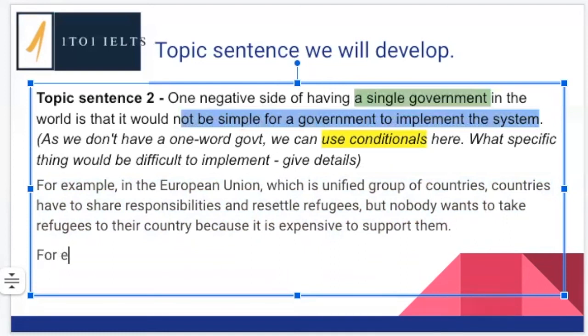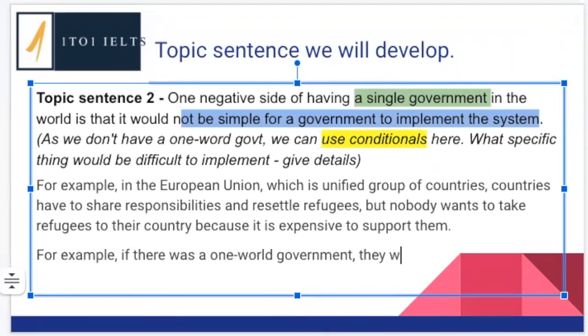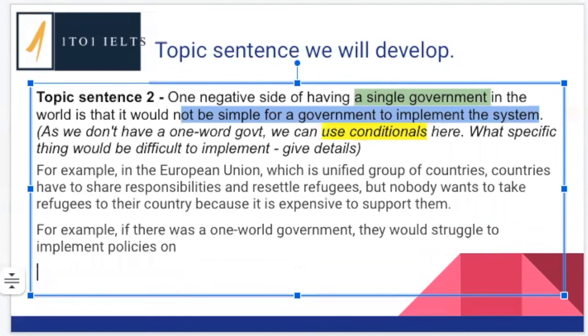So, for example, so we could do this for conditionals and we could say, for example, if there was one world government, they would struggle to implement, but what would they struggle to implement policies on? How could we be quite specific here?